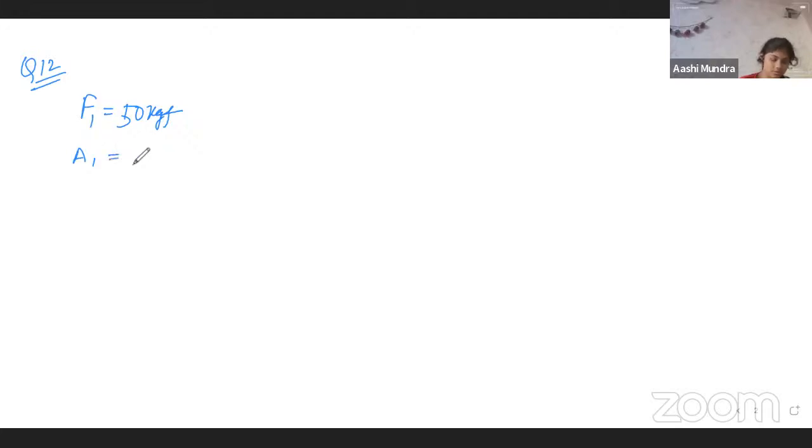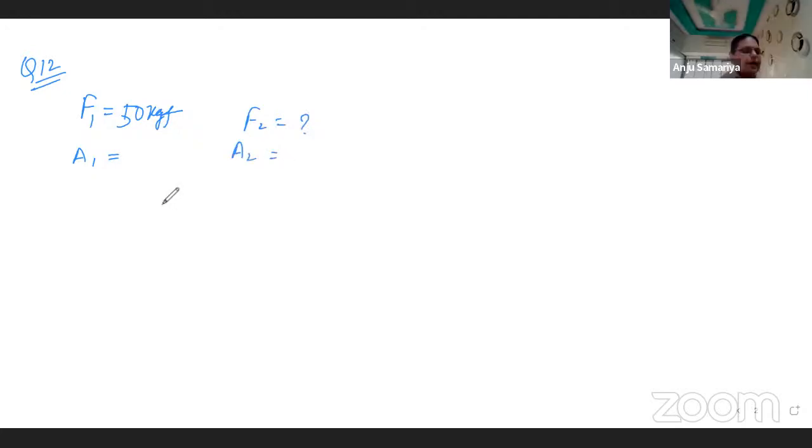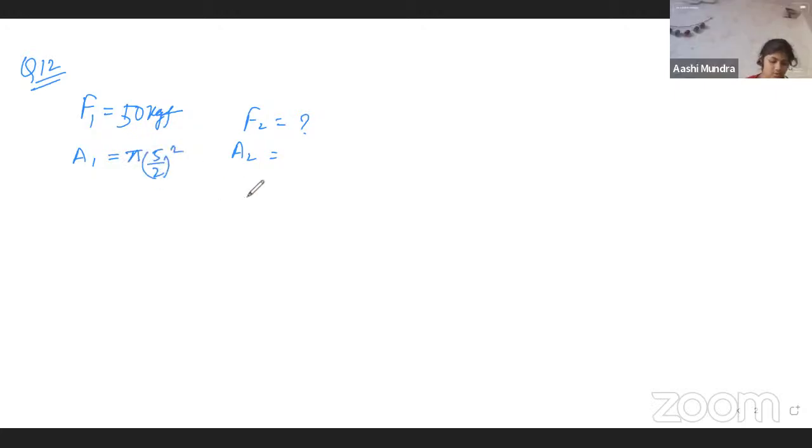Force 1 is equal to. What is area 1? Ma'am, 5 centimeter. Is that area? Sorry, ma'am, that's diameter. So area will be pi r square. And what is area 2?